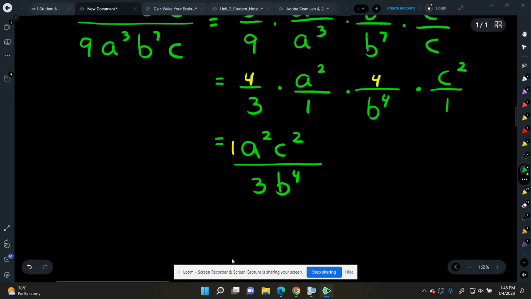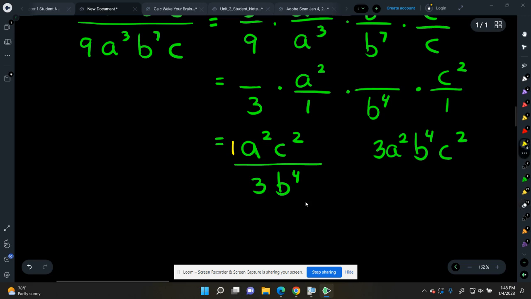Yes. Like, what if you had put 3a squared, and then b to the fourth, and then c to the second? Okay, so the problem here, I'm so glad you're asking questions. That's very good.